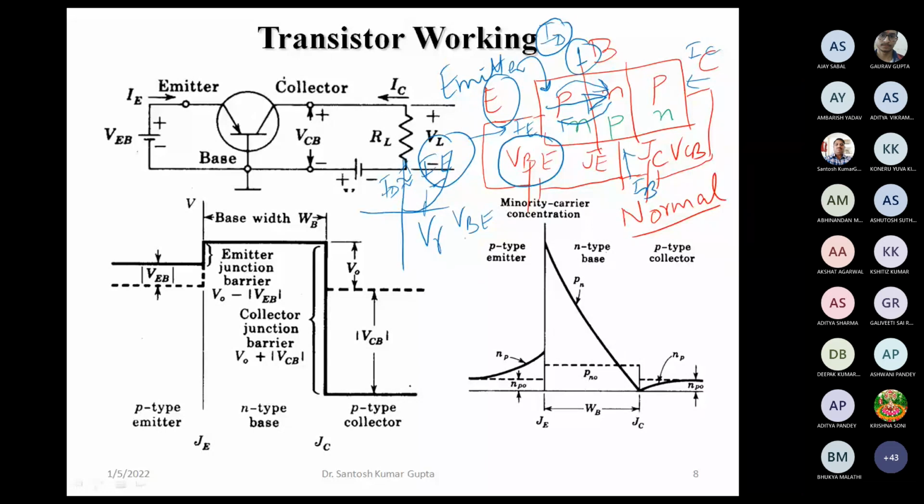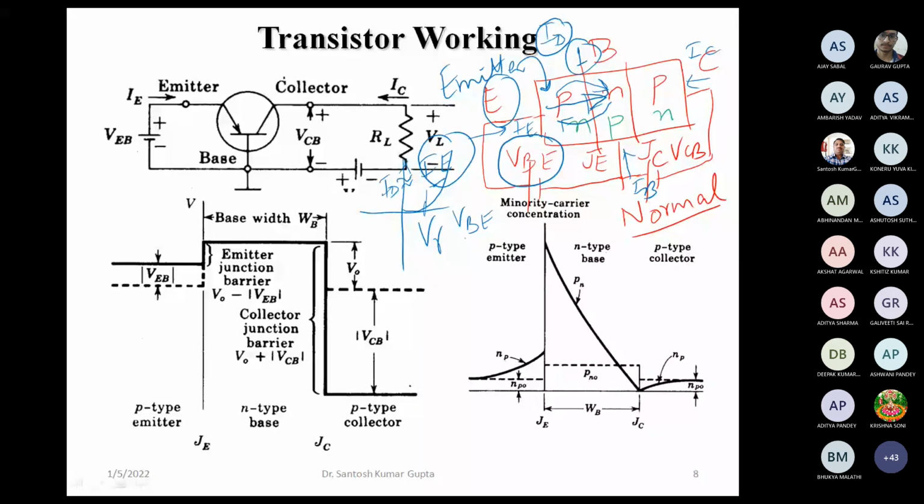So these are the different currents which we see flowing through the different terminals. So the point was that the current through this junction JE is similar to the diode current, and its value can be calculated in the same way.